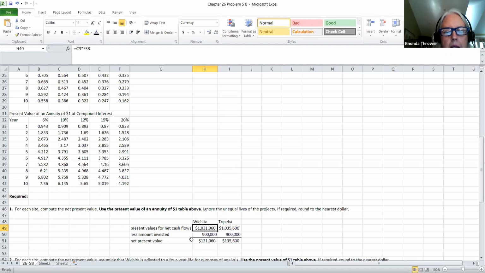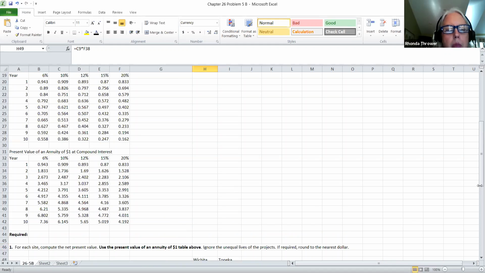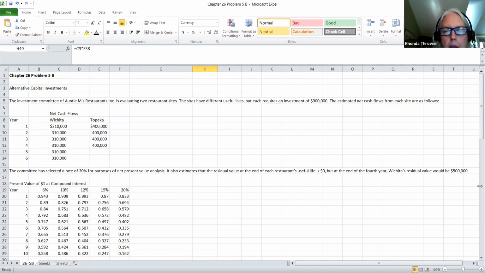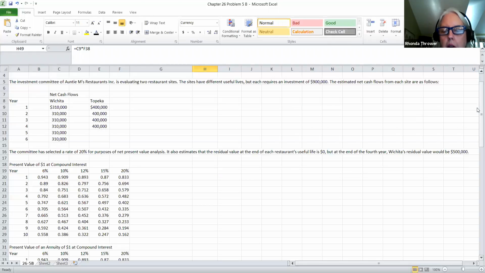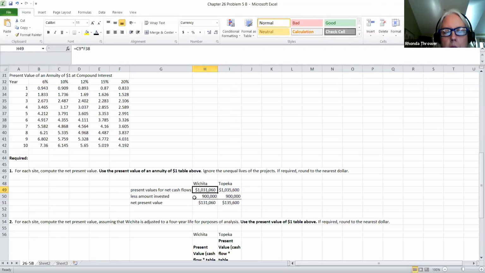We're going to take the amount of the cost of the Wichita restaurant, which was given. Both of these restaurants have an initial cost or an investment we're going to have to make of 900,000. So the amount invested is 900,000.